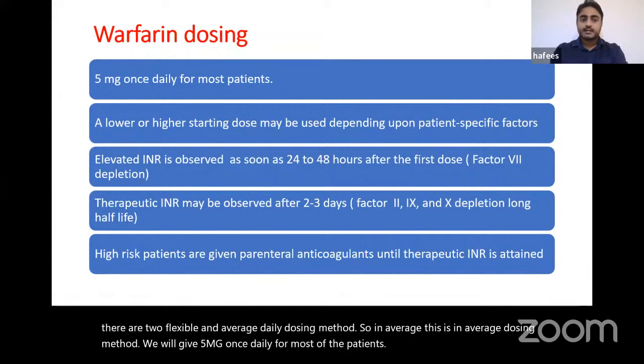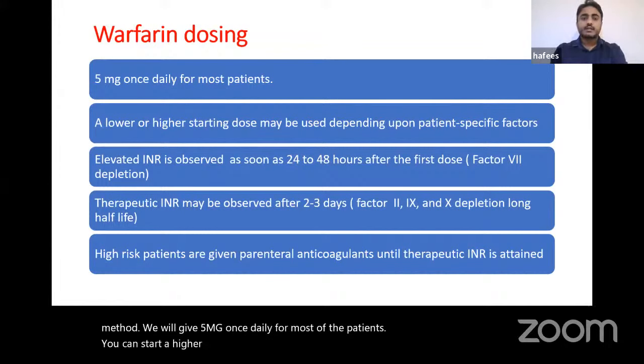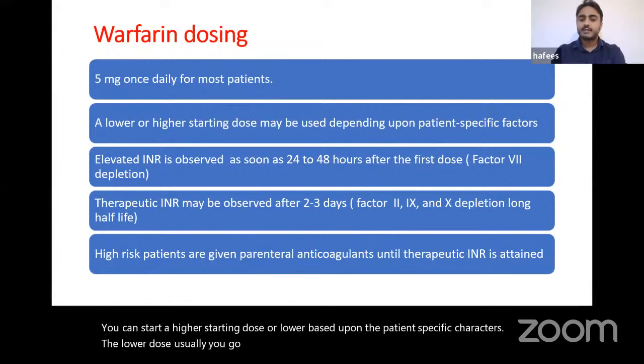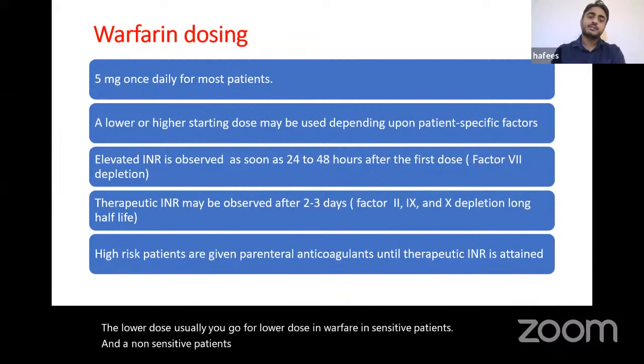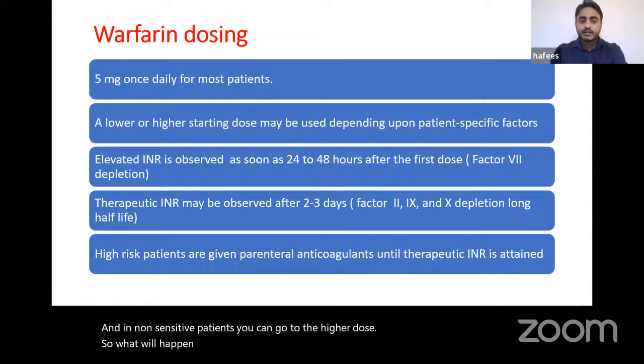You can start with a higher or lower dose based upon patient-specific characteristics. Go for a lower dose in warfarin-sensitive patients, and in non-sensitive patients you can go to a higher dose.